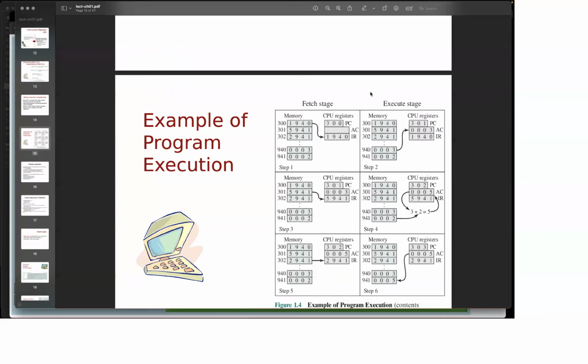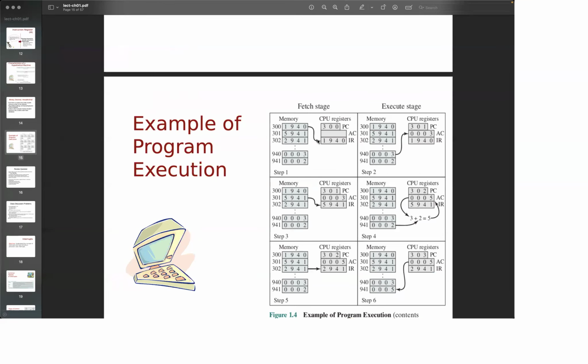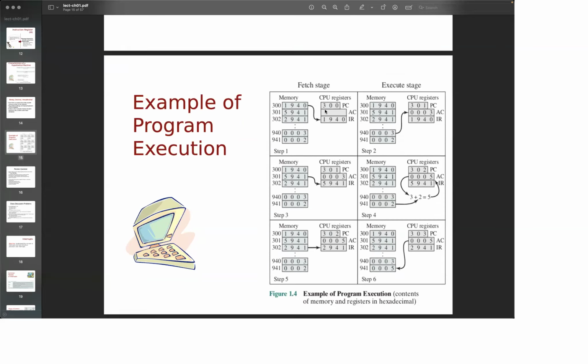If I go to here, we could begin the program counter with 300 or begin with 1, it doesn't matter, because most of the time we never actually begin the program counter from 1. Are we starting with 1 or 0? From the problem right here it is 300. Okay, and we always say, right here 300, we will get the 300, the first one.